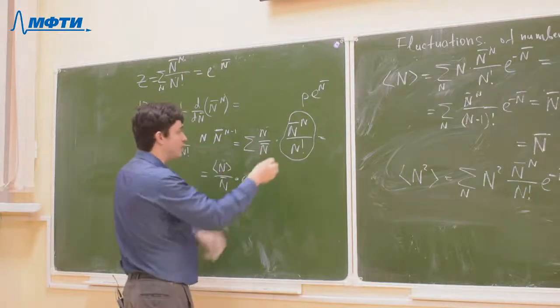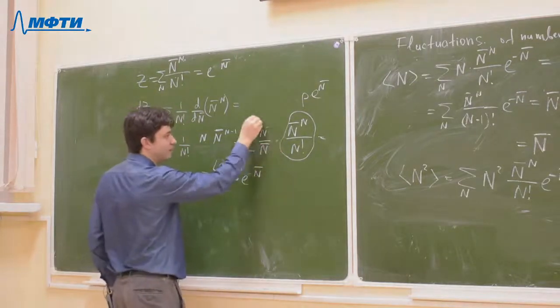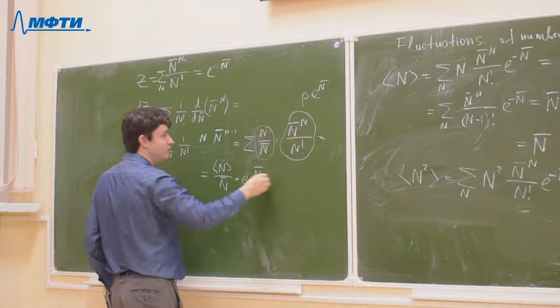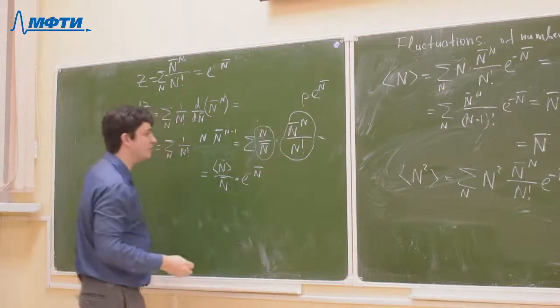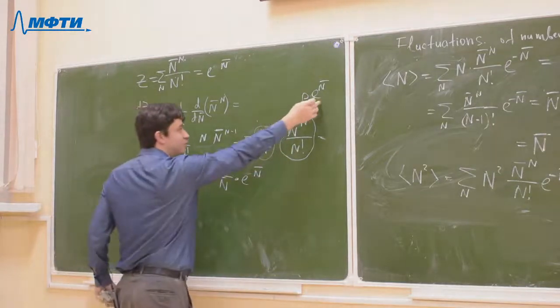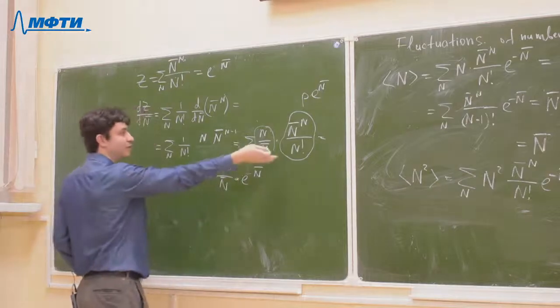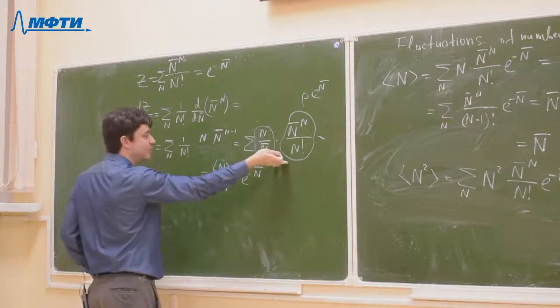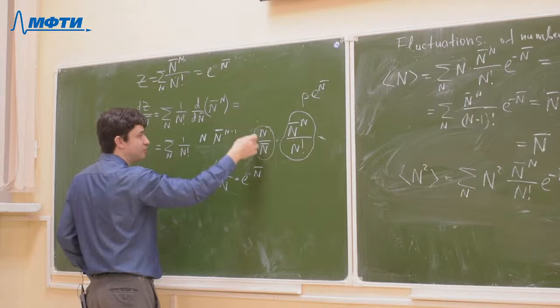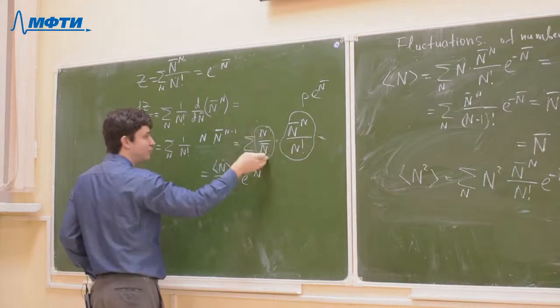So here I have an average of this quantity multiplied by this exponent. I take this exponent out of the sum, and what remains inside the sum is actually an average of this quantity, n over some constant.